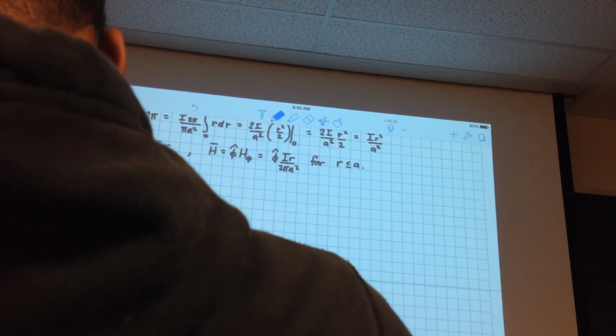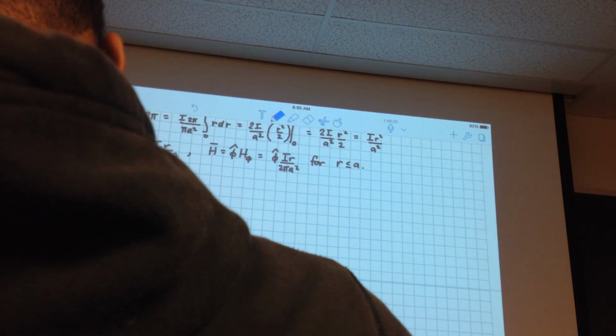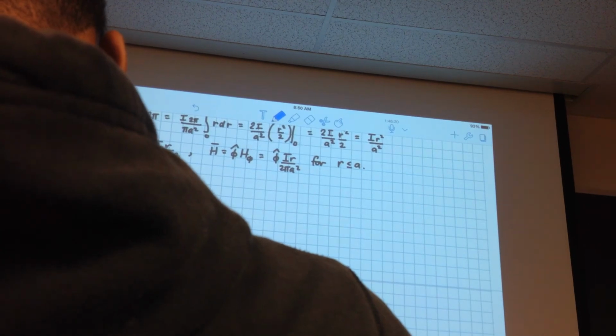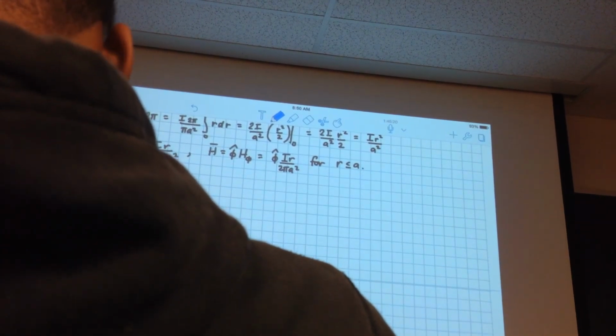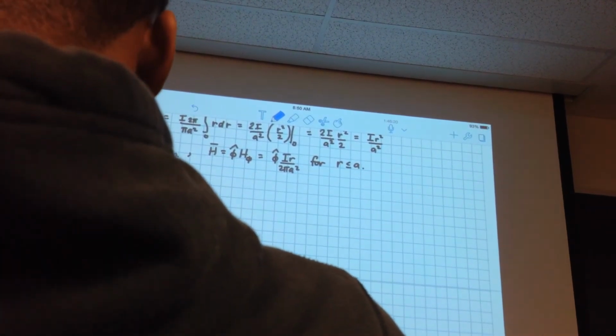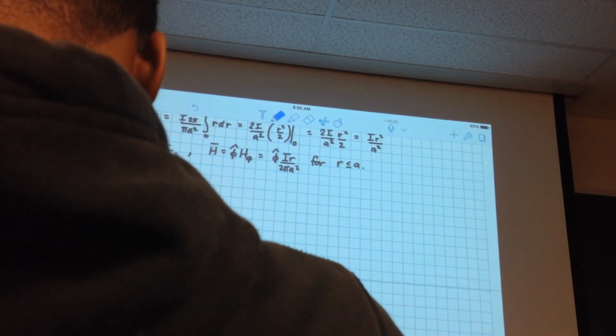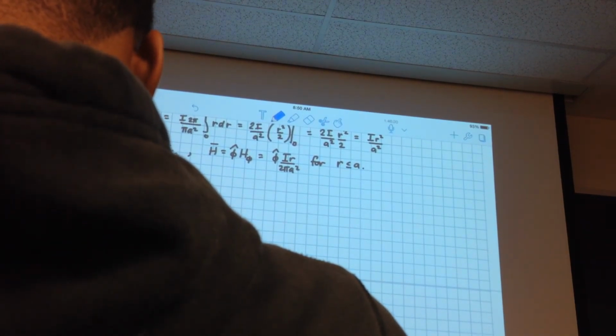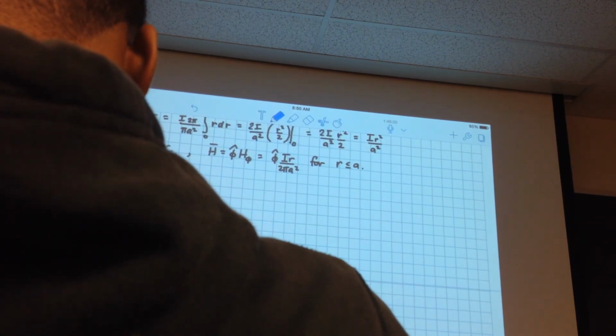So what is the magnetic field for r greater than a? Phi hat I over 2 pi r. We've already calculated it three times, right?